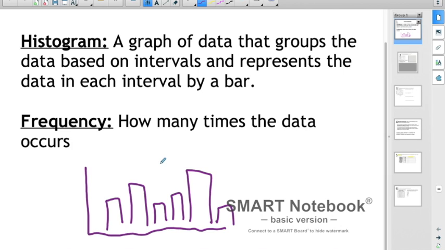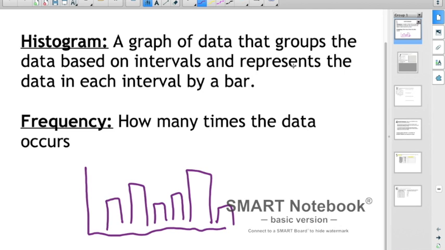So it is, definition wise, a graph of data that groups the data based on intervals, and then it represents that data in each interval by a bar. Okay? And in order to do this, we need to know how many times a data point lies in that interval, right?